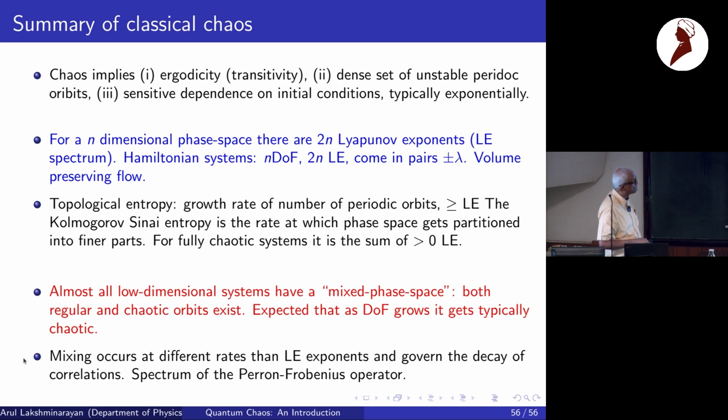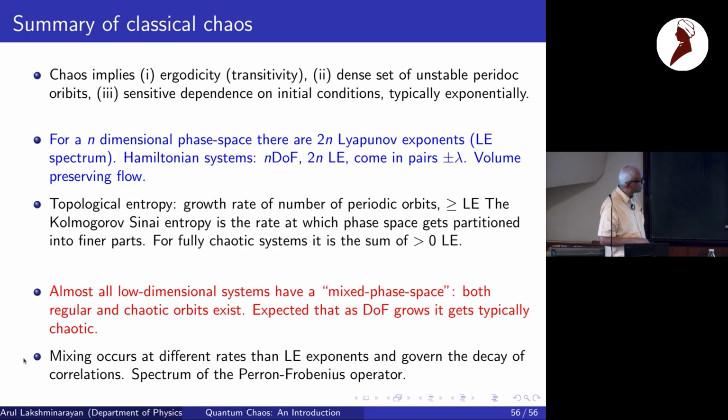I did not talk about the Kolmogorov-Sinai entropy. It's the rate at which a phase space gets partitioned. You take an initial partition and you see how fast it's partitioning further. It comes up in a lot of physics. For fully chaotic systems, we can just think about it as a sum of positive Lyapunov exponents. That's sufficient for us for the moment. Almost all low-dimensional systems have a mixed phase space, with both regular and chaotic orbits.